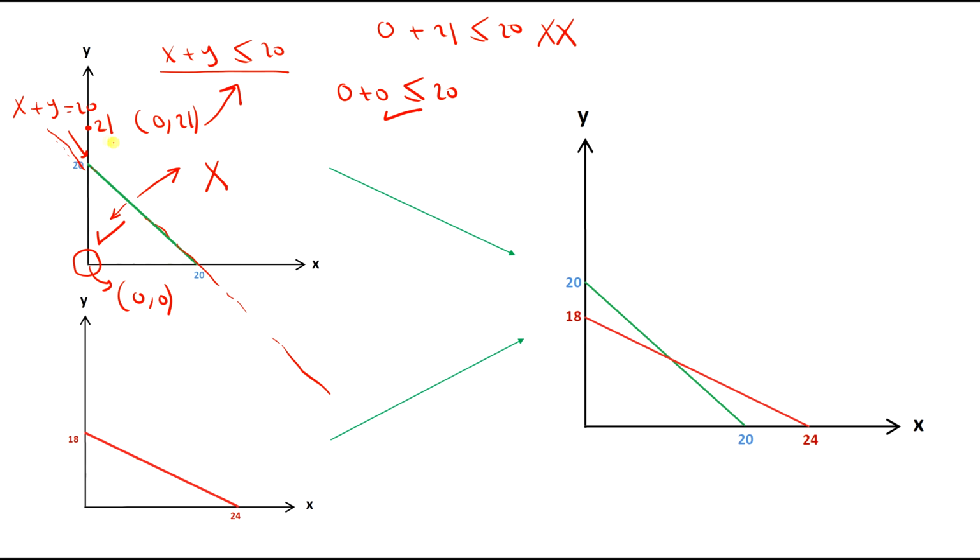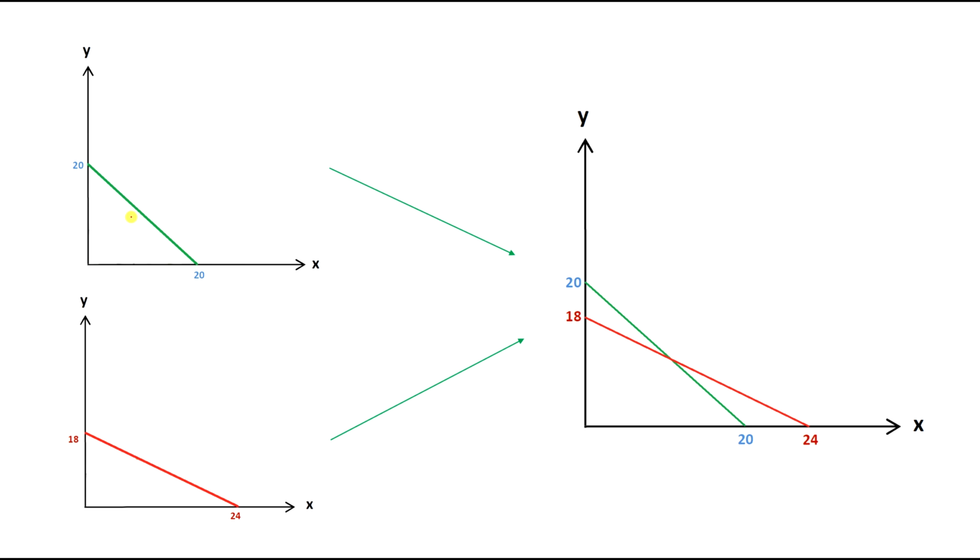So this point is not satisfying this equation, which means that this side is wrong and this is the side I'm working with. So for this equation, the one which satisfies is this region. Since we are working in the first quadrant, x and y are positive, and this is the side that satisfies the equation.